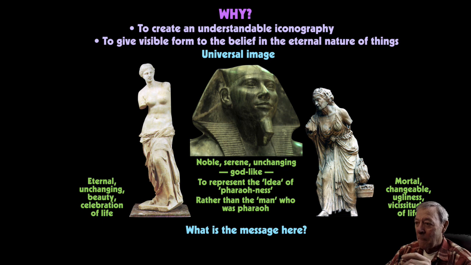Okay, so let's now talk about how they did this. How did they maintain this consistency? Because I would say that among artists today, trying to maintain consistency is not acceptable. In other words, if you're an artist, a painter, I suspect that your teacher does not want you painting like somebody else. They want you to be different, to be innovative, to be creative.